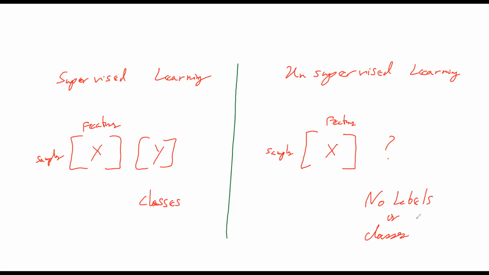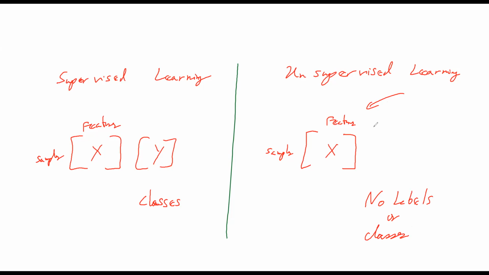That's the big difference here: we don't have that anymore. So we're going to look at ways of inferring anything from just the data, from just X.